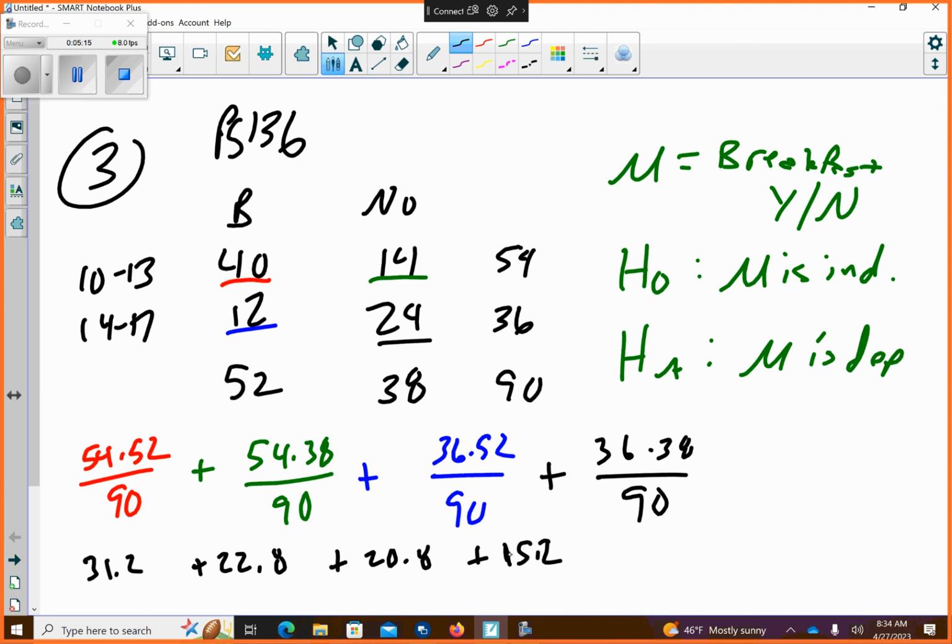Our expected value for a 14 to 17-year-old to have breakfast would be 20.8. We have 12, and then our expected value for a 14 to 17-year-old not to have breakfast comes out to 15.2, but we observed it being 24. Okay, are we good so far?